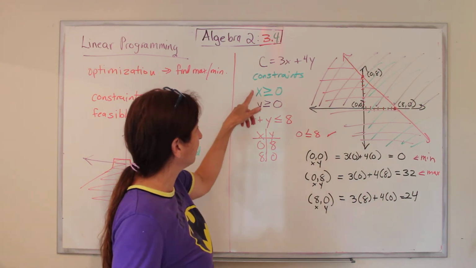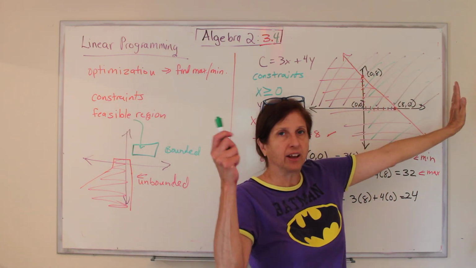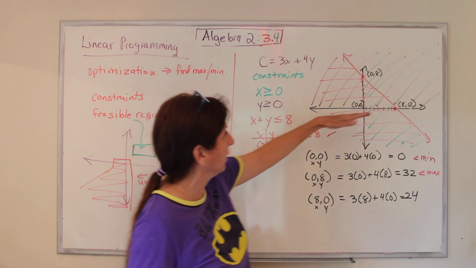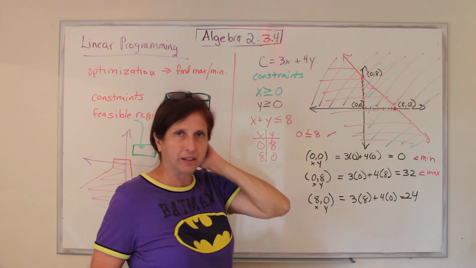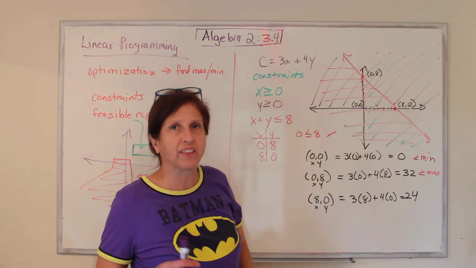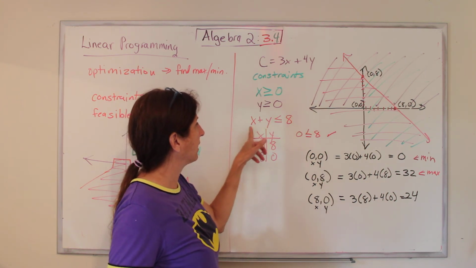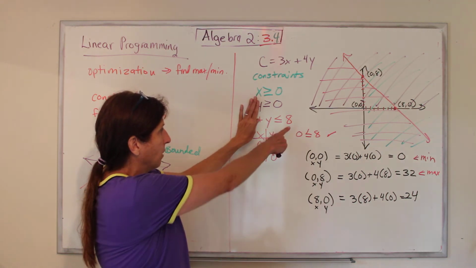So first I graphed x is greater than 0, so I went to x and colored the greater side green. Then I did y is greater than 0, and I colored the greater side of y green, and I really didn't have to worry about them being solid because the lines are the axis, so it didn't matter. And then I graphed this one, x plus y is less than or equal to 8, so I said if x is 0, y is 8.